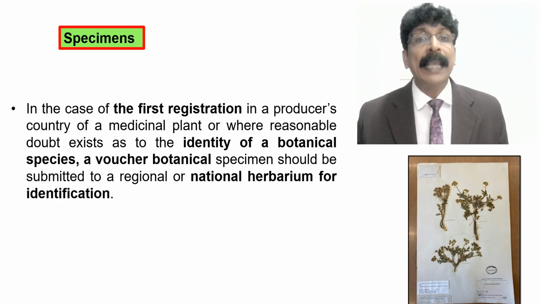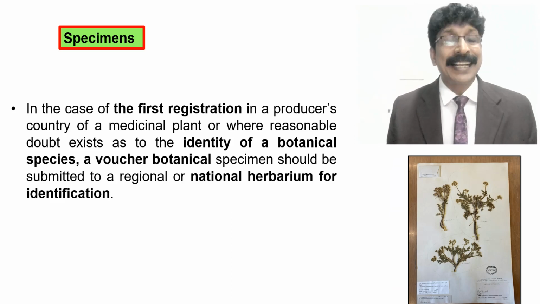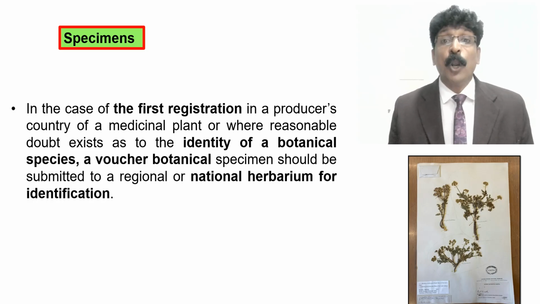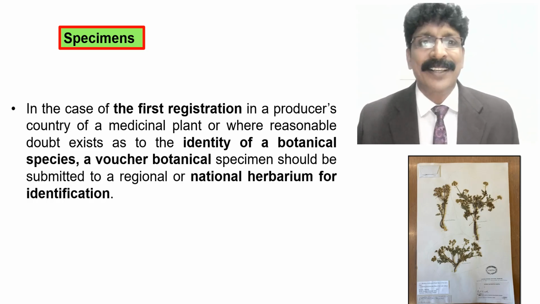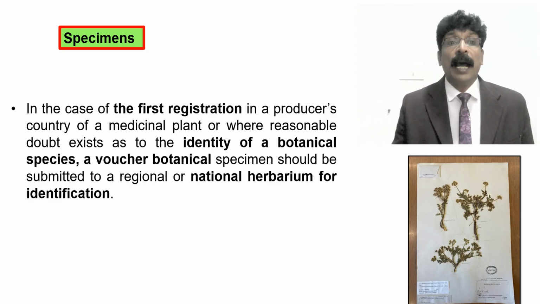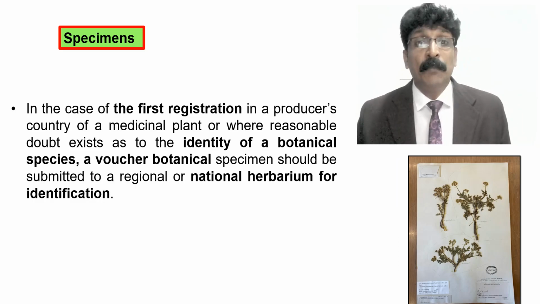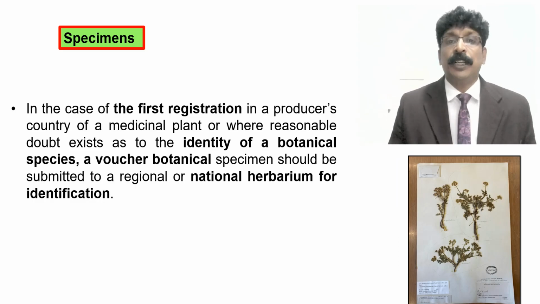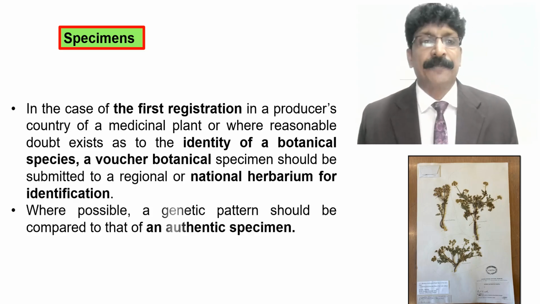In the case of first registration in a producing country of a medicinal plant, or where a reasonable doubt exists as to the identity of a botanical species, a voucher botanical specimen should be submitted to the regional or national herbarium for identification.